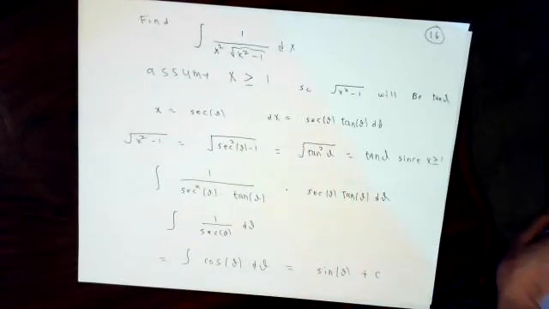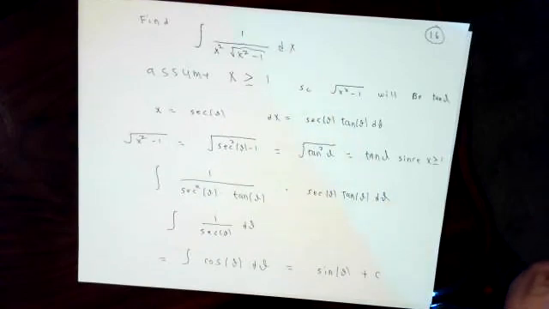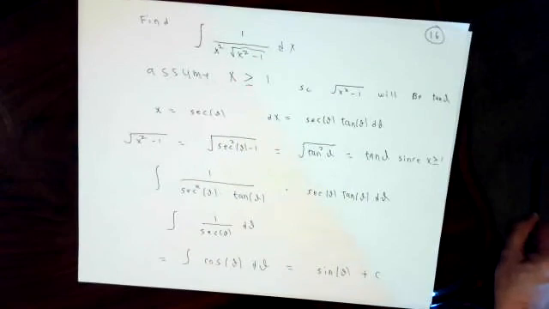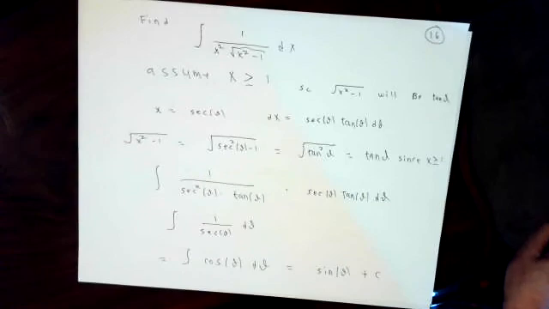Antiderivative of that is sine of theta plus a constant. On one level, we're done. We have our antiderivative, but it's not entirely satisfactory because it's written in terms of theta and not the original variable x. So we'll have to fix that.